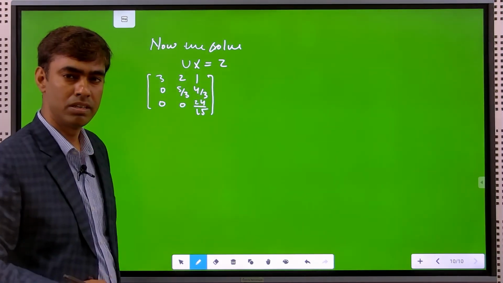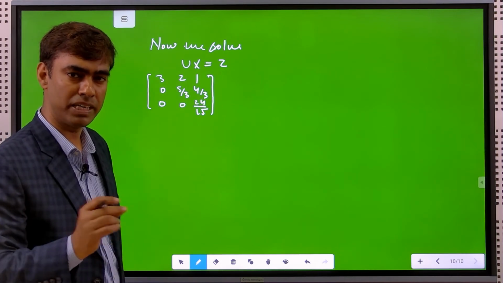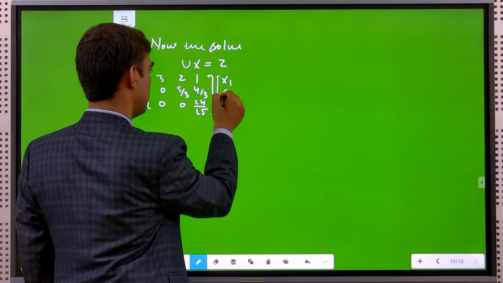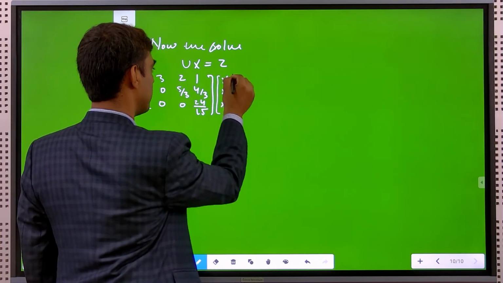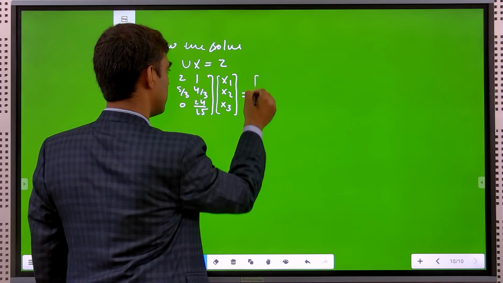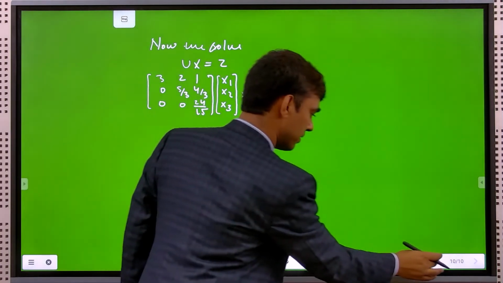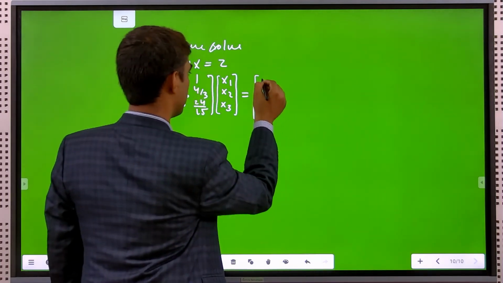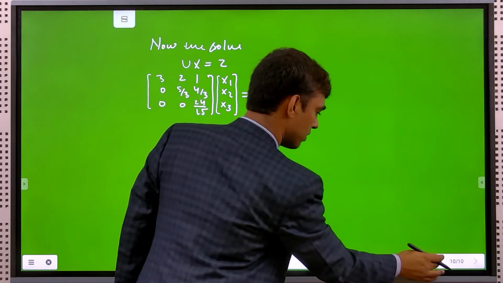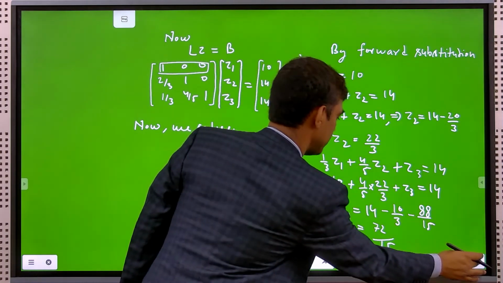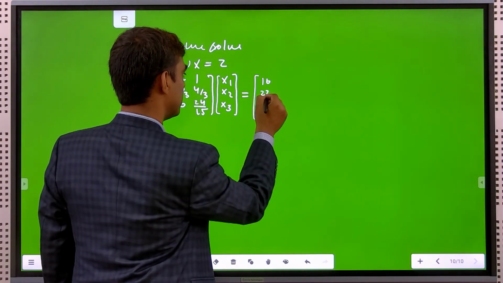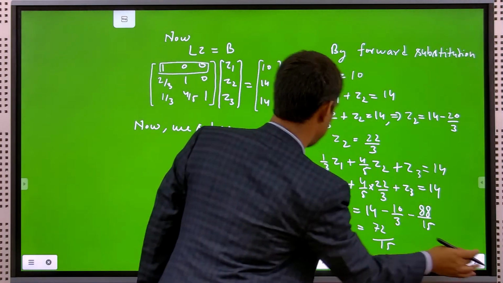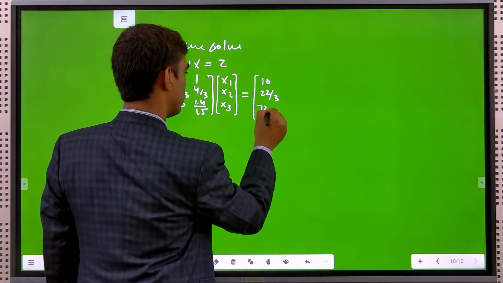Now, what are the values of the column vector x? The column vector x is x1, x2 and x3, and this equals Z1, Z2 and Z3. What is the value of Z1? Z1 is 10, Z2 is 22 by 3, and Z3 is 72 by 15.